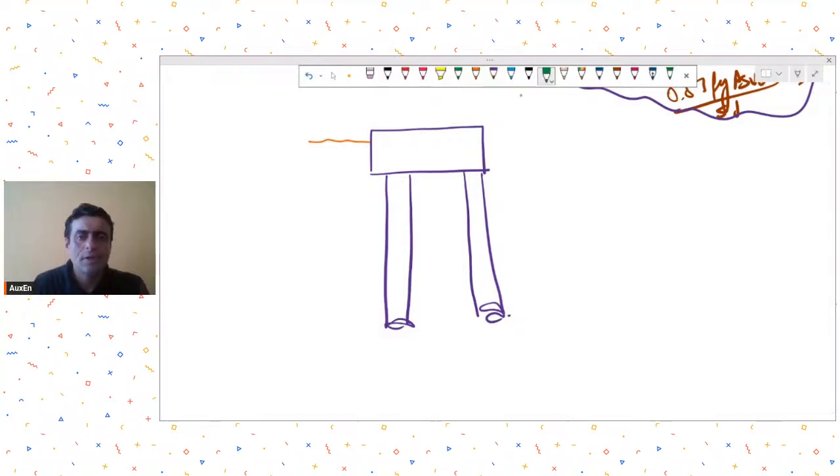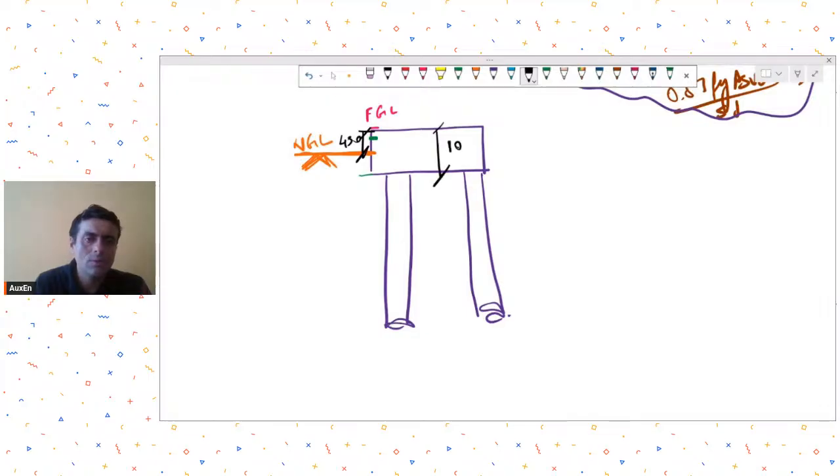Now let's take a quick example. Let's say this is your natural ground level, and this is your finished ground level, and let's say it is 450 mm up.